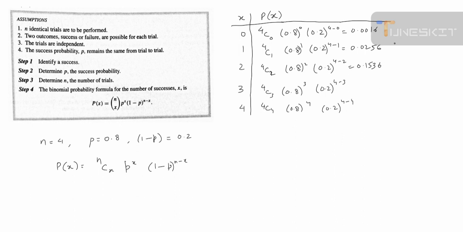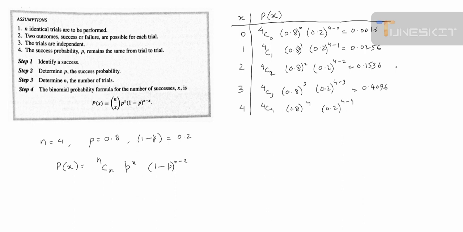And then next is 4C3, which is 4. So 4 times 0.8 raised to the power 3 multiplied by 0.2 raised to the power 1. That's 0.4096.